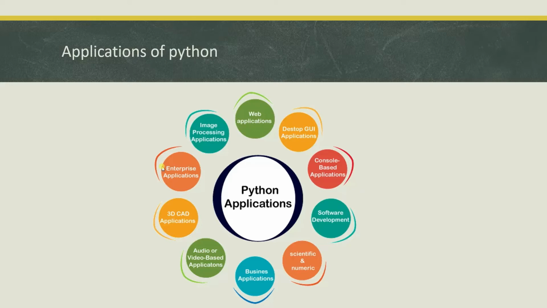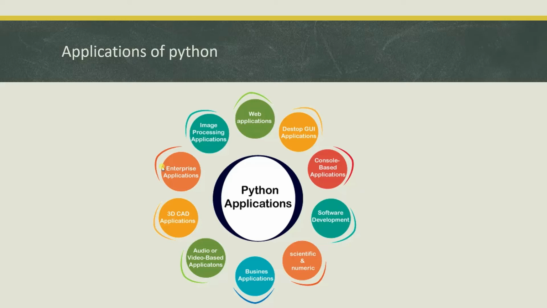Applications of Python. There are various applications of Python nowadays. Python is being used in web applications, desktop GUI applications, console-based applications, software development, scientific and numeric applications, business applications, audio or video based applications, 3D CAD applications, enterprise applications, and image processing applications. Web applications are like the many websites and fintech apps you use nowadays.